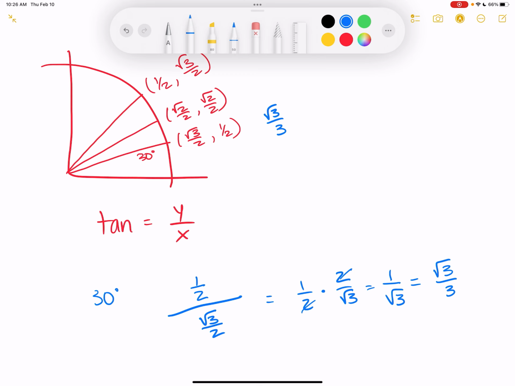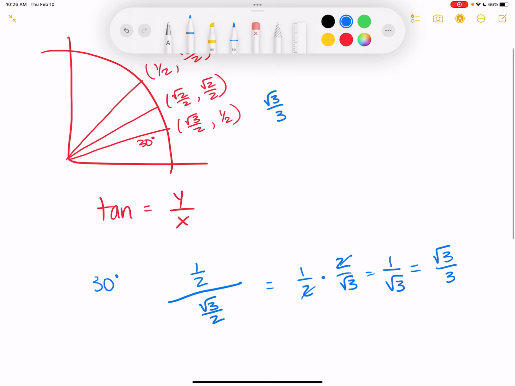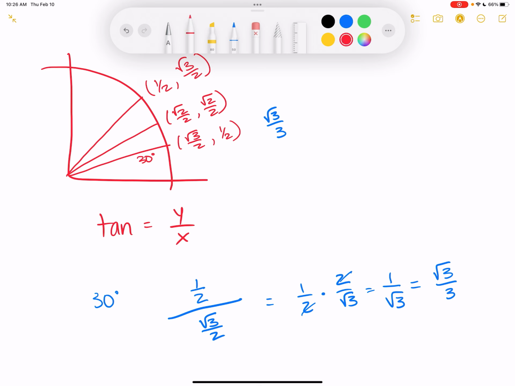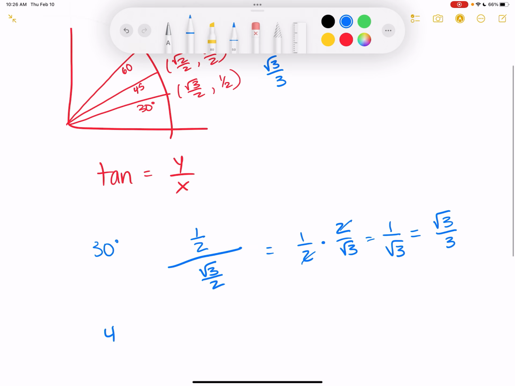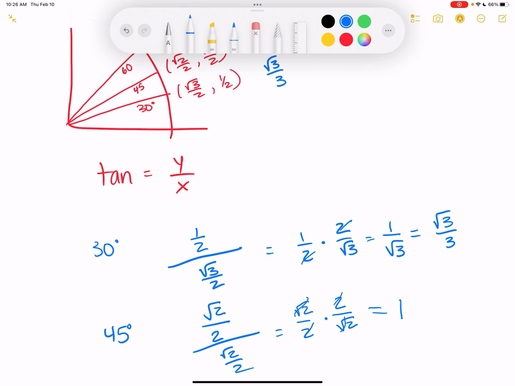I'm going to write them all in here, and then we'll copy them over onto the actual unit circle. For the 45-degree one, that is root 2 over 2 over root 2 over 2. Multiplying by the reciprocal, I've got root 2 over 2 times 2 over root 2. Everything cancels, leaving 1.